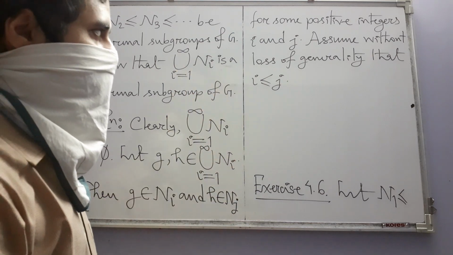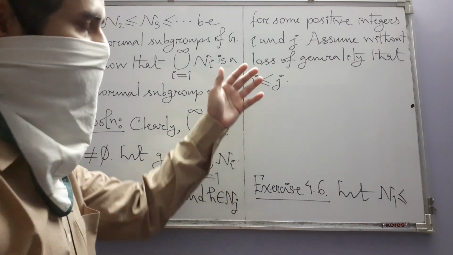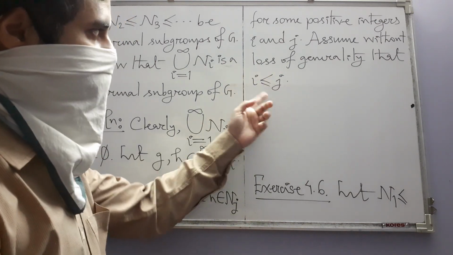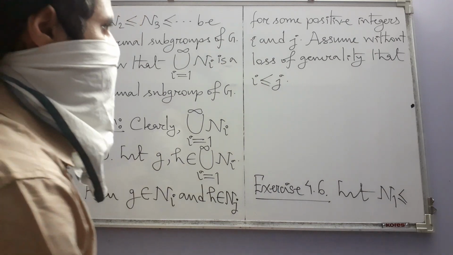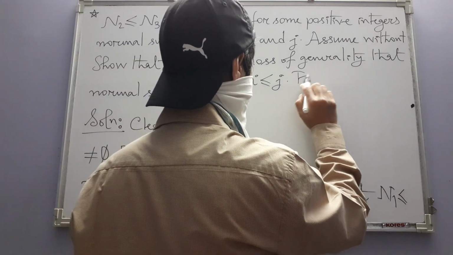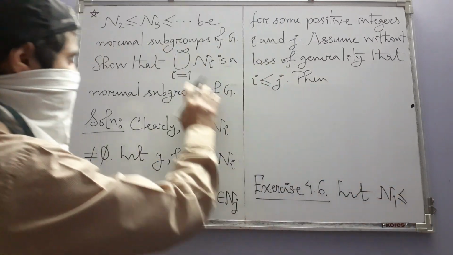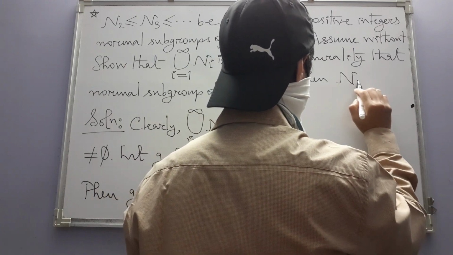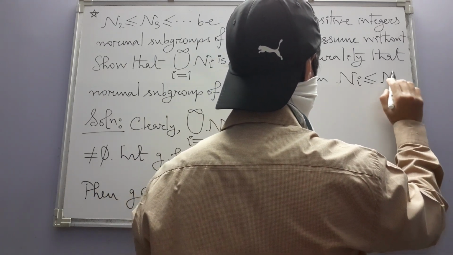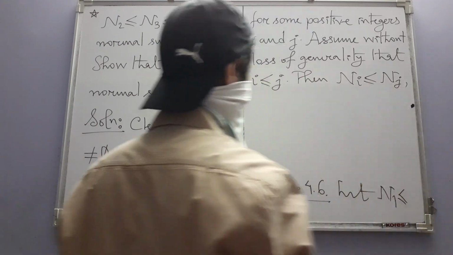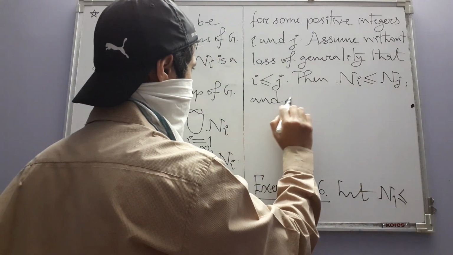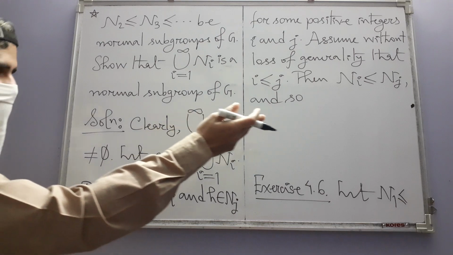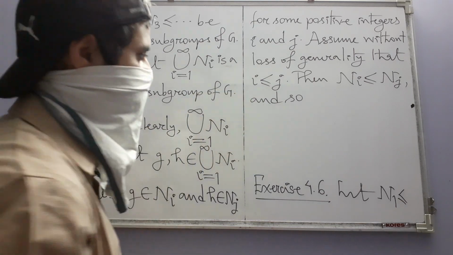Now since i and j are two positive integers, either they are equal or one of them is less than the other. So we can assume this without losing any generality. Then, looking at the way the subgroups are related to one another, Ni is a subgroup of Nj, and so G being an element in Ni will automatically also be an element in Nj.